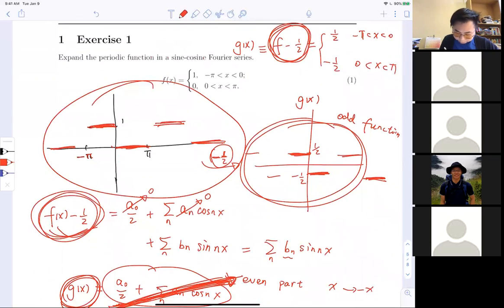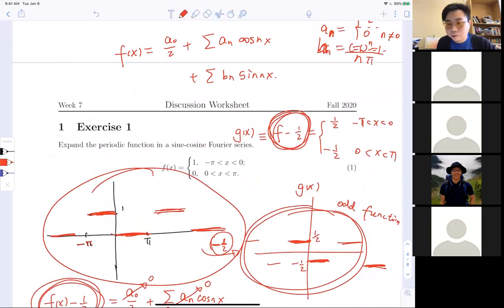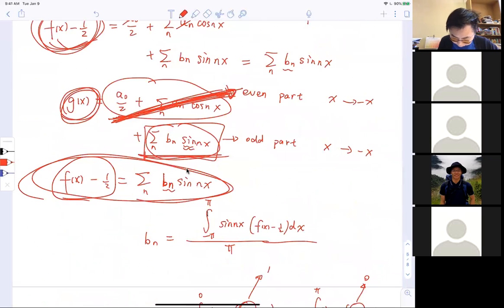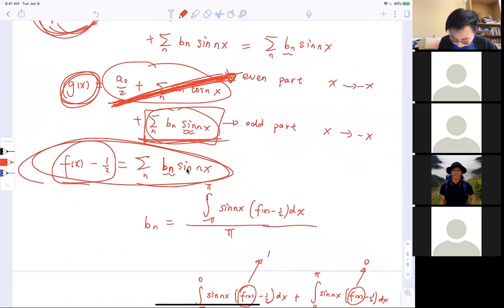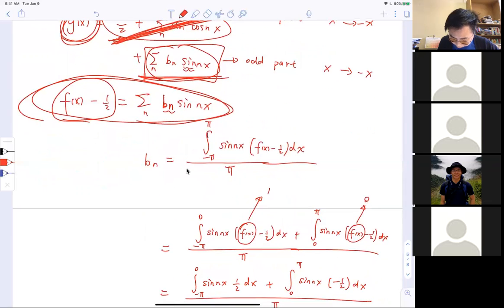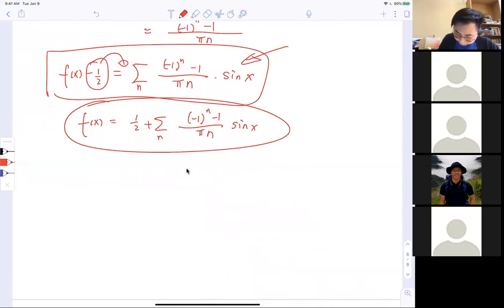So here, for the sine x, we only get negative 2 over n pi when n is odd, right? Right. You're right. Of course. So here you can simplify it further.